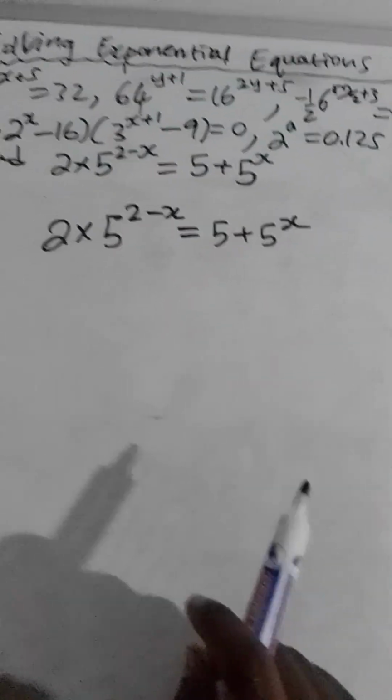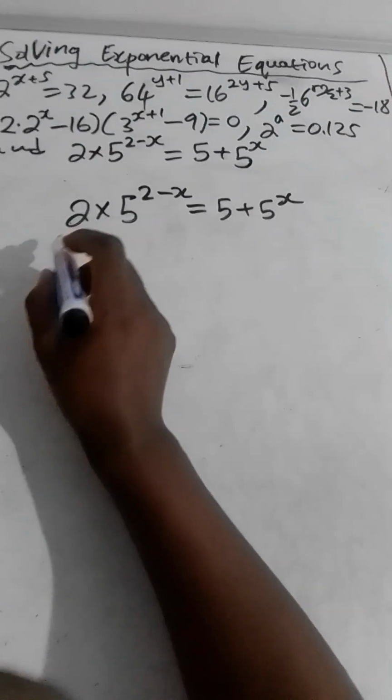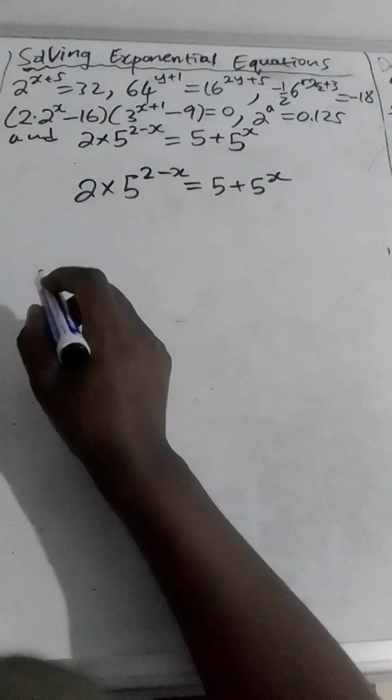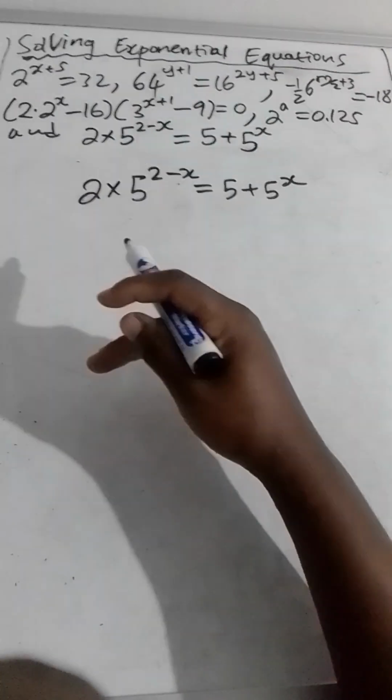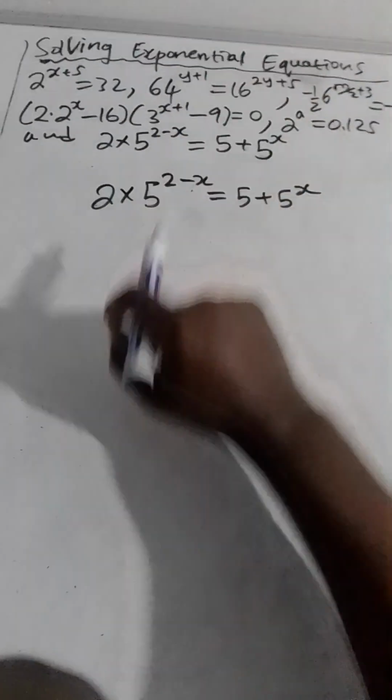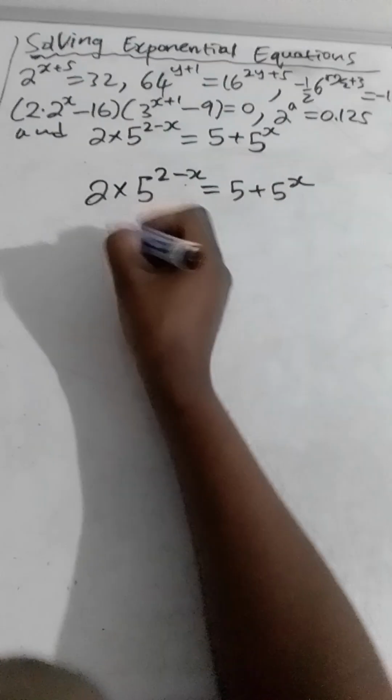Maybe we should change this one to be positive as well, so that we have exponents with the same signs. If you want to change the sign of an exponent, you have to change it, if it is not in the denominator, to the denominator. If it is in the denominator, to the numerator.